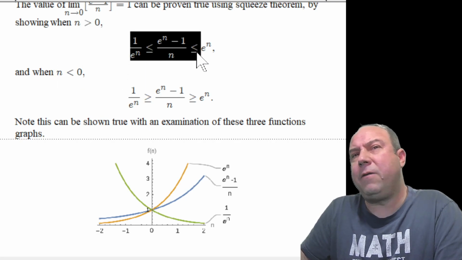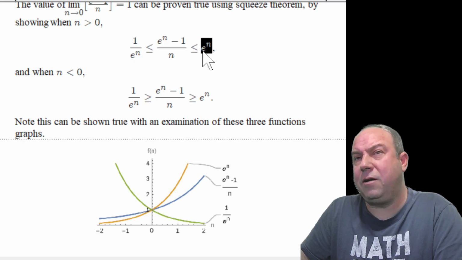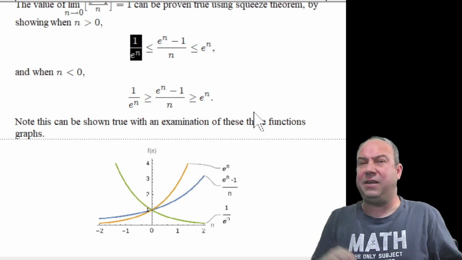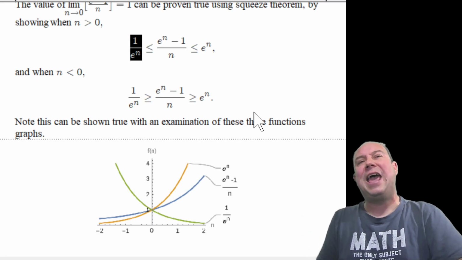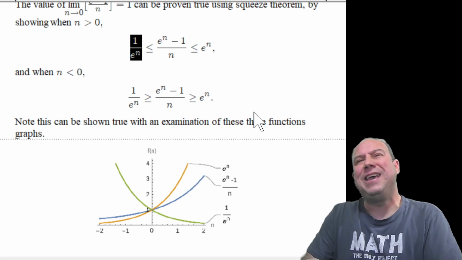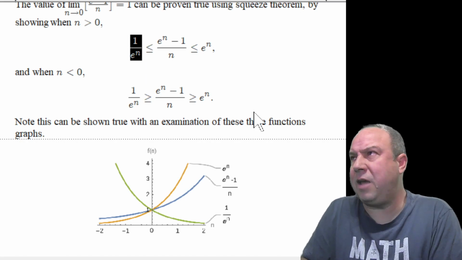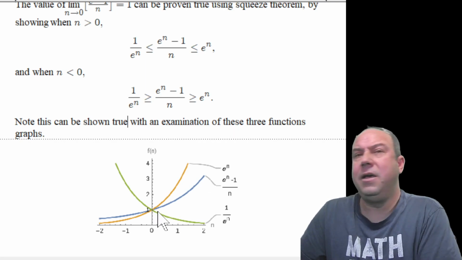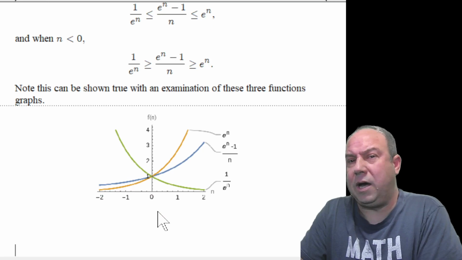Now, if we take note of what the limits are for the two ends of that inequality in both cases, as n heads to 0, what we would notice is 1 over e to the n and e to the n would both behave the same way. And we can see the result here in the graph. They both approach the value of 1.